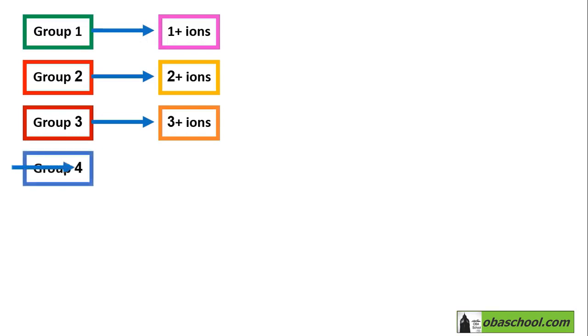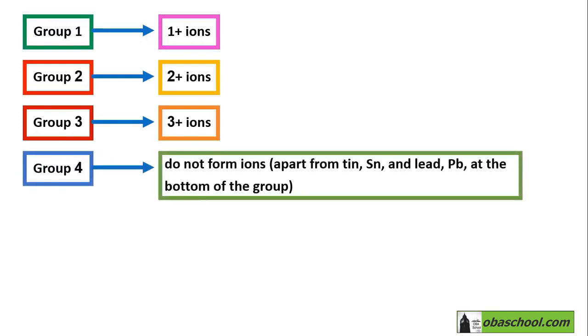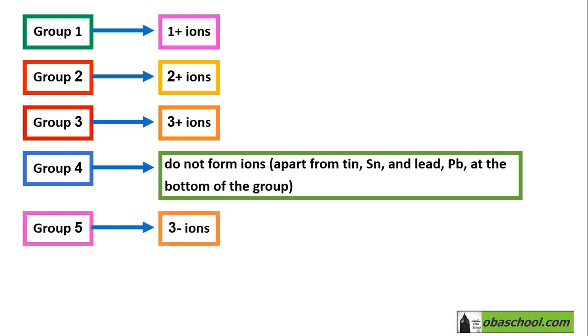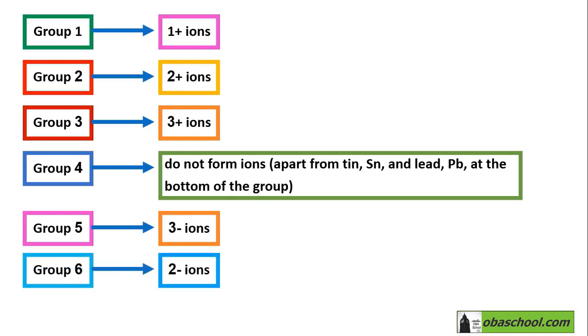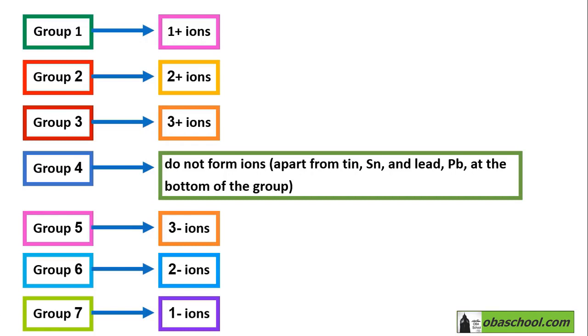Atoms from group 4 do not form ions, apart from tin, Sn, and lead, Pb, at the bottom of the group. Group 5 atoms form 3- ions, group 6 elements form 2- ions, and finally group 7 atoms form 1- ions.